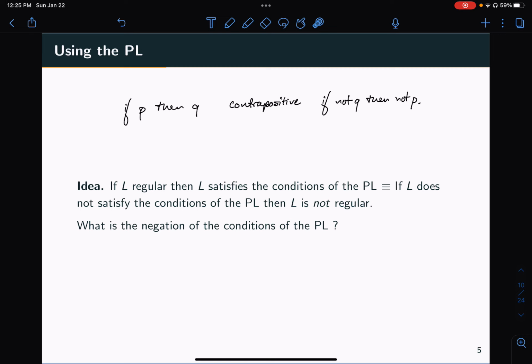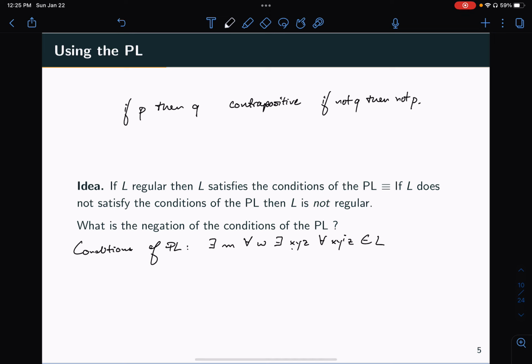And so all we need to do now is try to negate the conditions of the pumping lemma. So what are the conditions of the pumping lemma? They say there exists an integer m, such that for every string there exists some decomposition, such that for every pumping up or down of that string will belong to L, right?